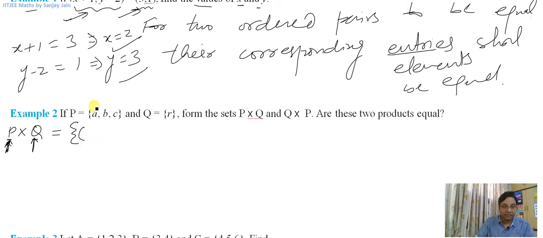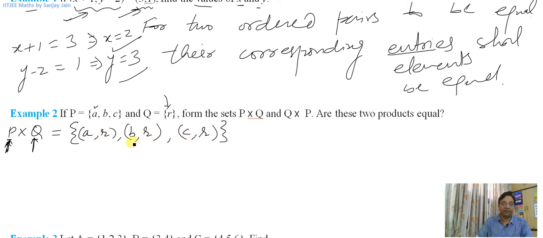So the first entry, if I take A, second entry will be R, that is this. First entry B, second entry R. First entry C, second entry R. So these are the only possible ordered pairs.